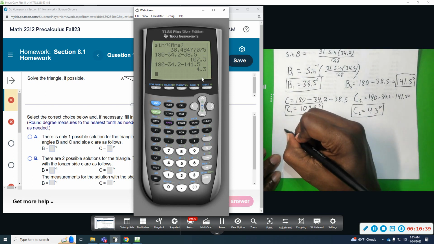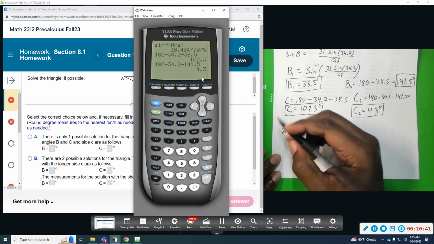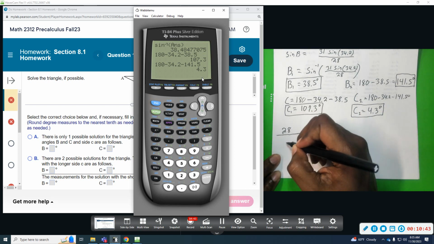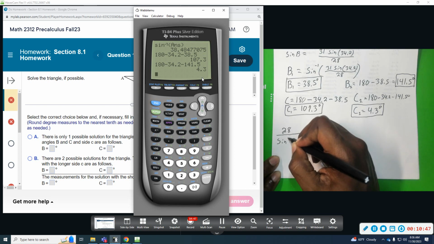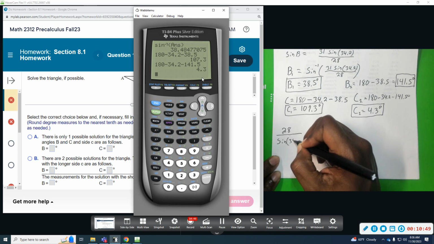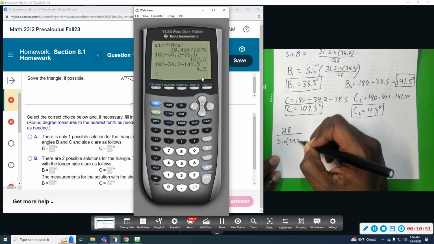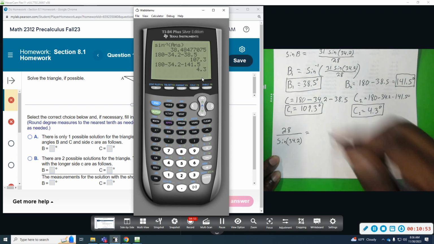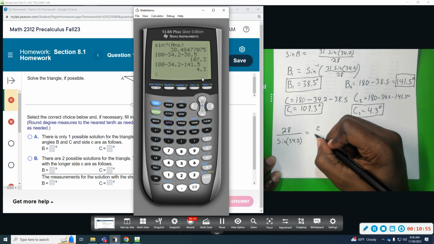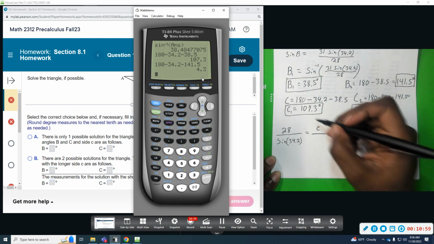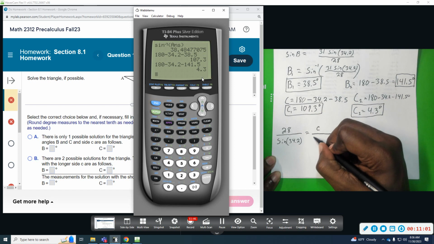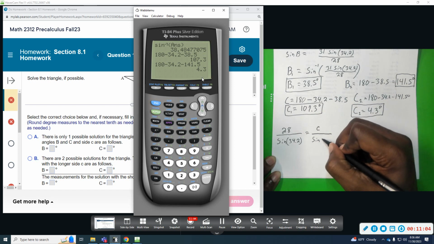So we have 28 over sine of 34.2, and then side C, which we're looking for, divided by sine of angle C, which is going to be sine of 107.3.